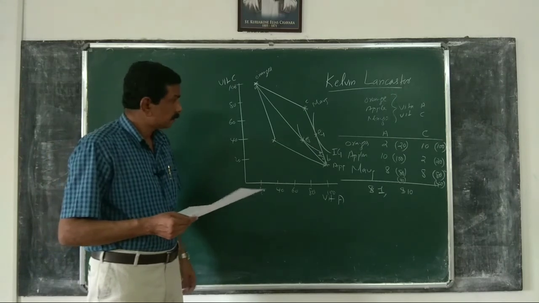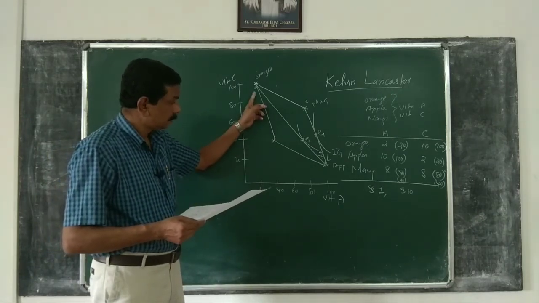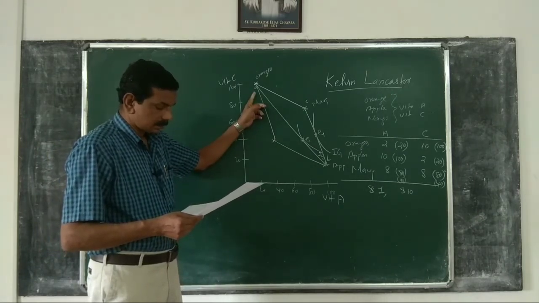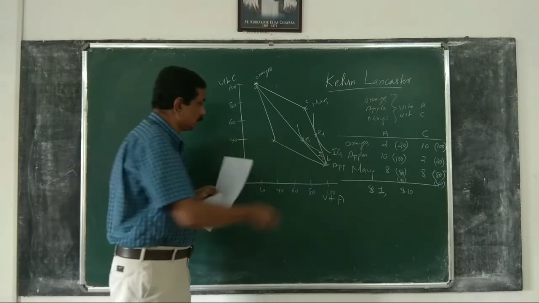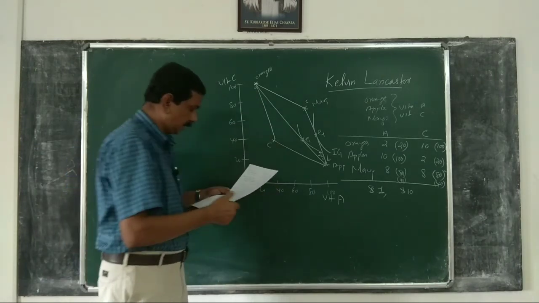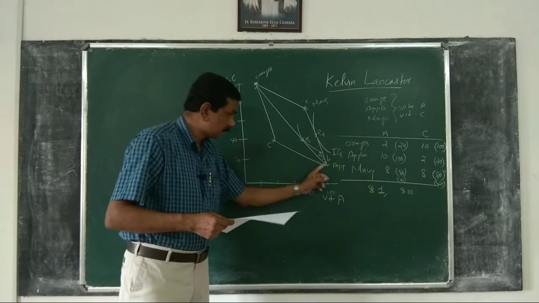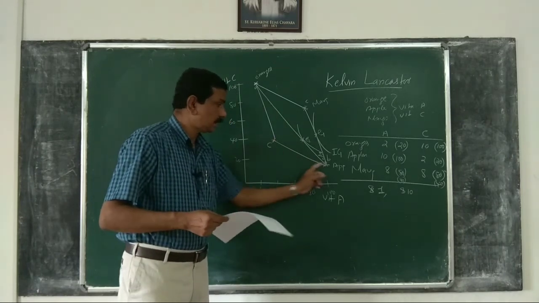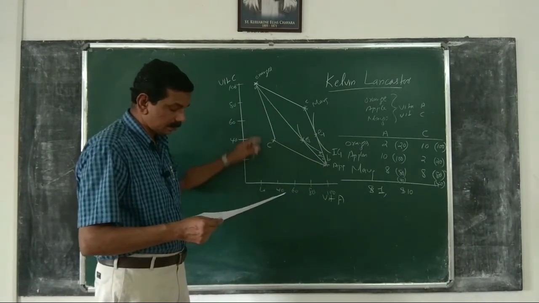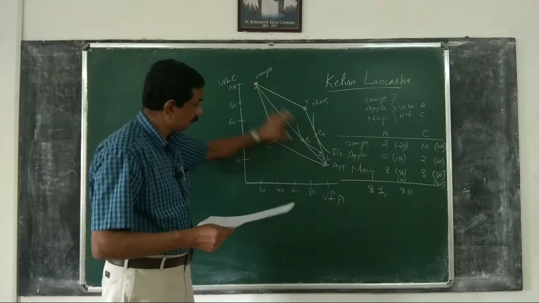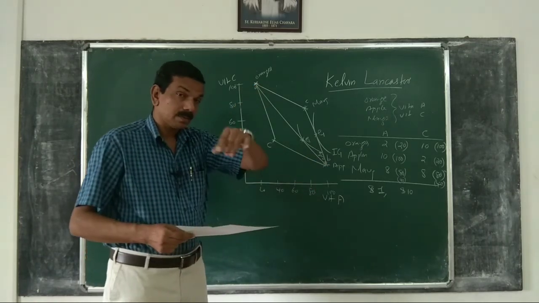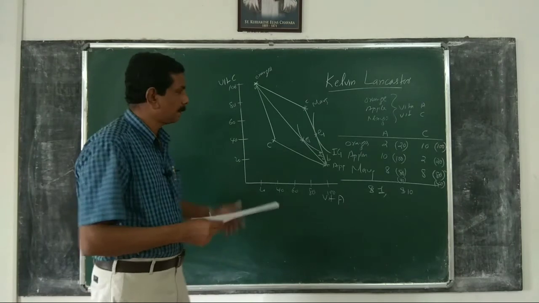Now, the budget lines AC, BC are not relevant. What is relevant is only AB.